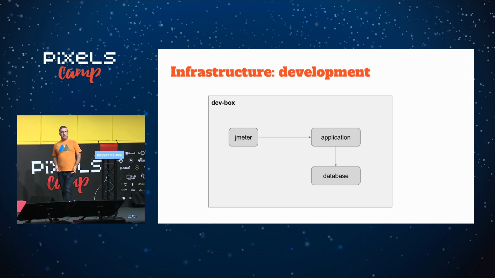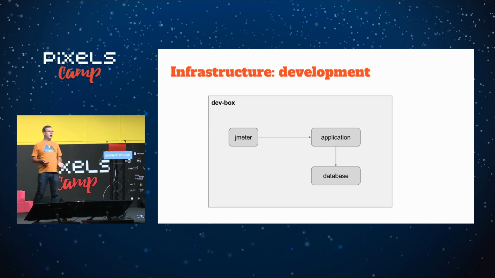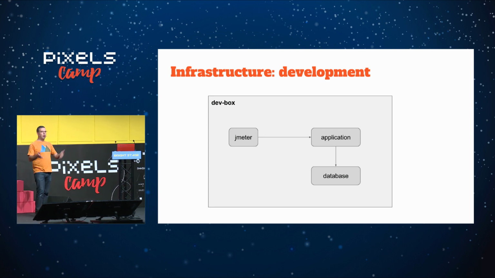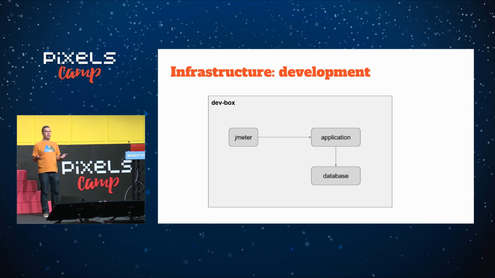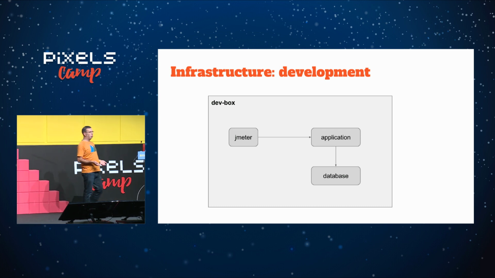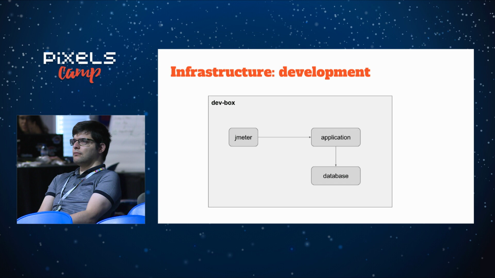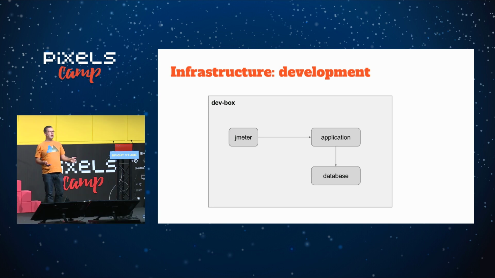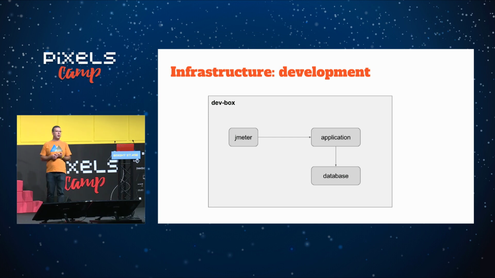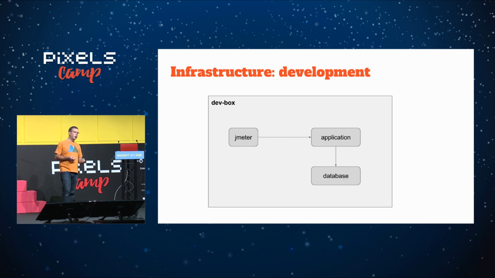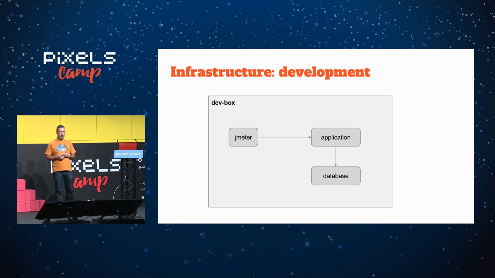Regarding infrastructure, there are several setups that we can use for load testing. The simplest one is to run the load tests on our development boxes, which is what I'm about to do here. I'm going to focus on JMeter, which is an open source tool from Apache to generate load and collect metrics.